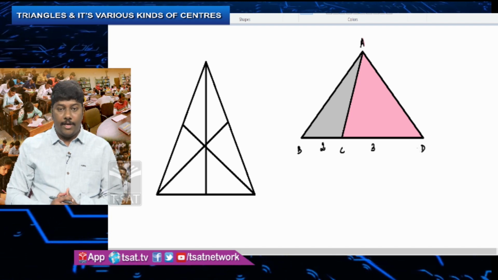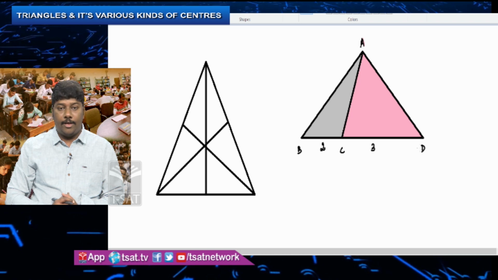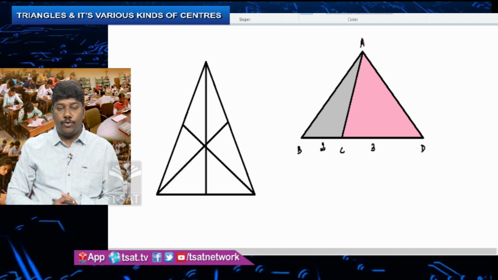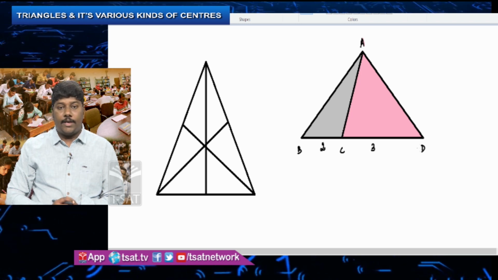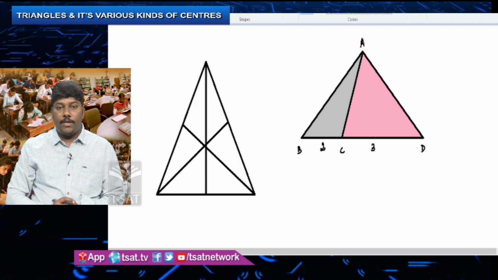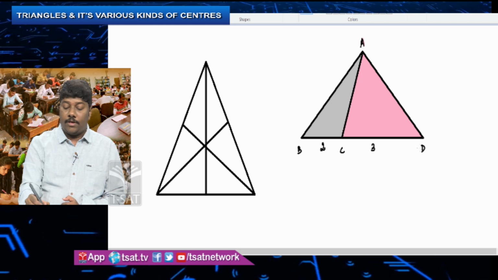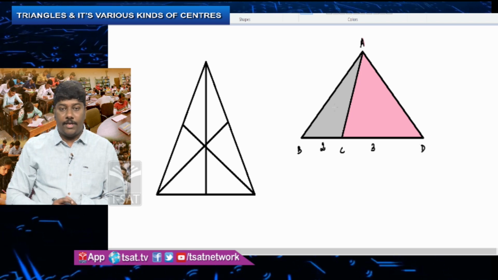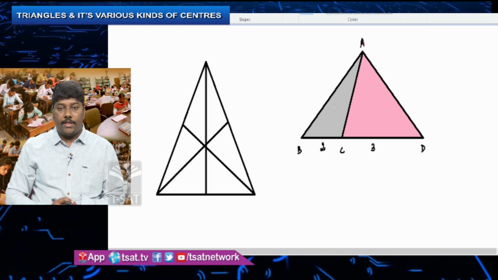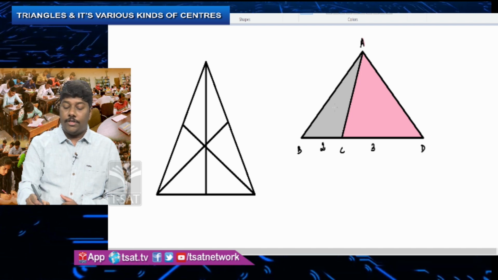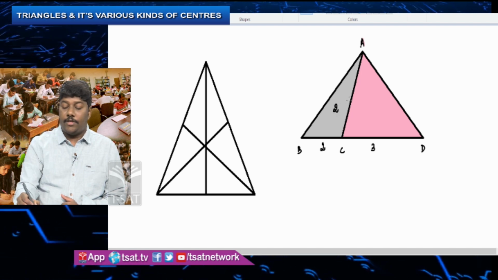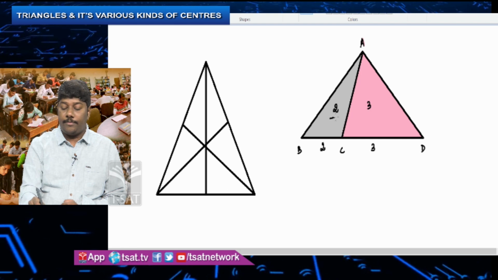Here I am taking triangle ABD and dividing it by using AC into two triangles, the first one is ABC and the second one is ACD. If you ask me the ratio of ABC and ACD, they are in the ratio 2 is to 3. Their areas are also in the ratio 2 is to 3.